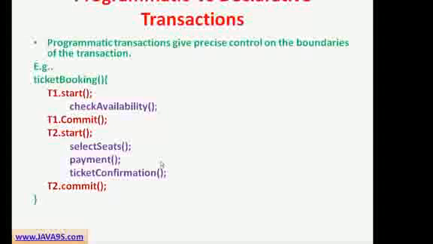But for those people who need huge and very precise control of how their transactions have to be maintained, programmatic transactions are advised. But for those people who want to keep their code clean and maintainable, declarative transactions is the way.